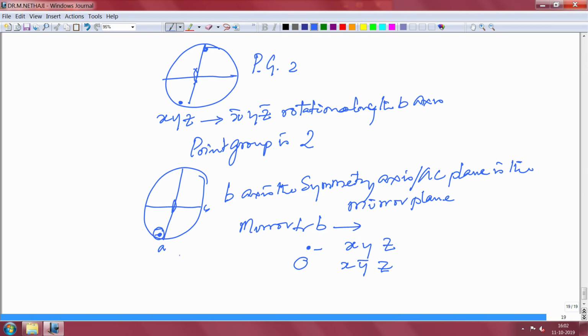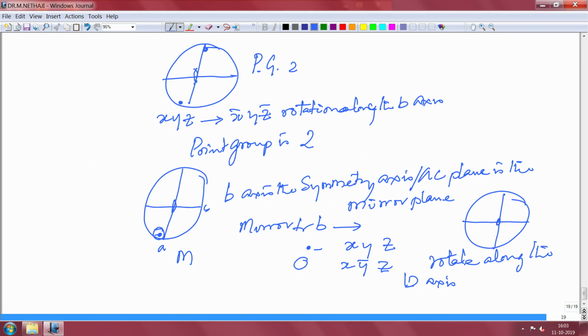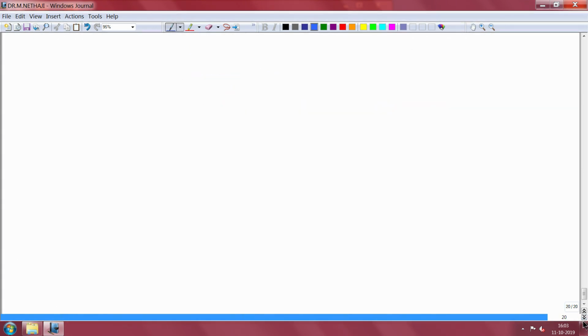Now, if we rotate along the B axis and invert, this results in 2 bar.